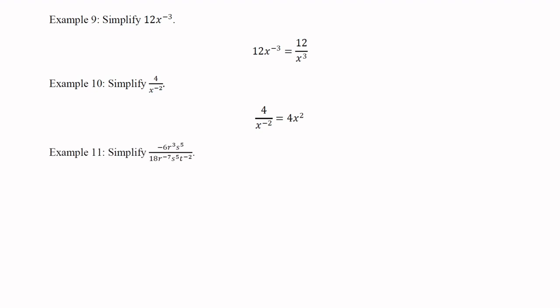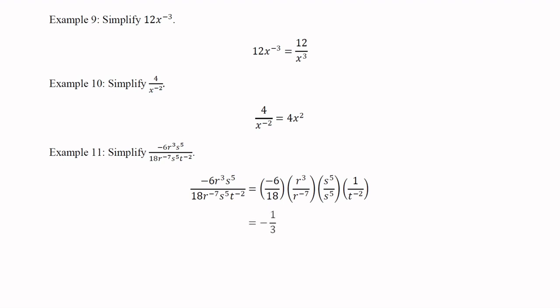Now let's do a more complicated example that will require the use of several of the rules that we have learned in this section. So, to start this problem, it looks very complicated. Let's organize it by putting our coefficients together, our r terms together, our s terms together, and our t term in the last section of this.